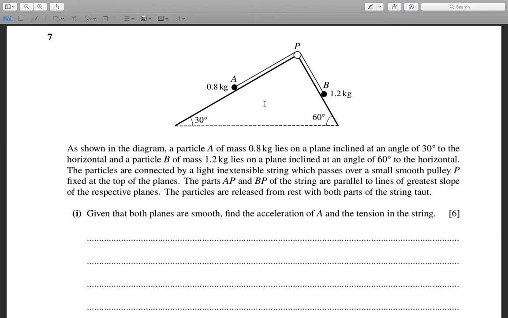I will use Newton's second law: total force equals mass times acceleration.